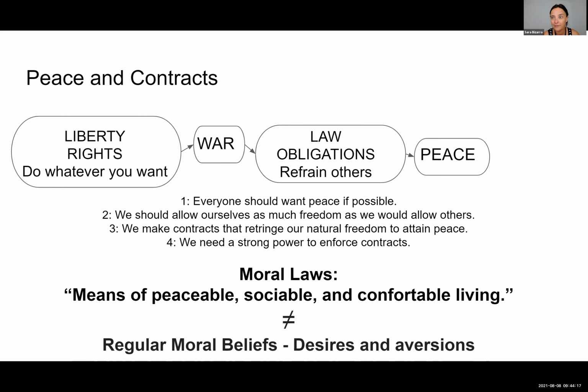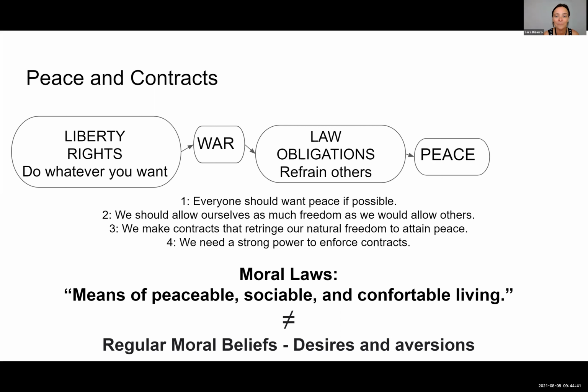What we want is to achieve peace because, he calls it a natural law here in the book, we want to survive, we want to thrive, we want to have a sociable and comfortable living, and so therefore we want peace.